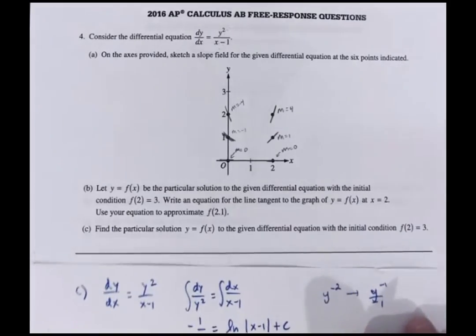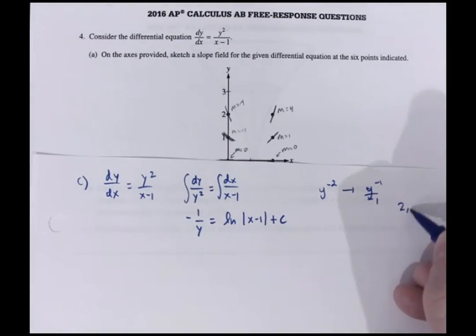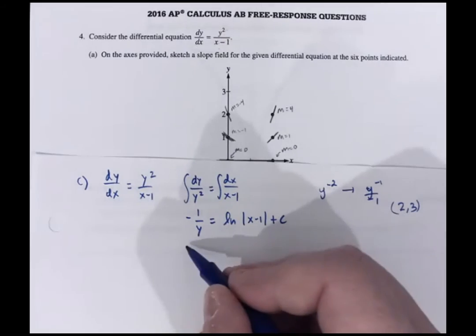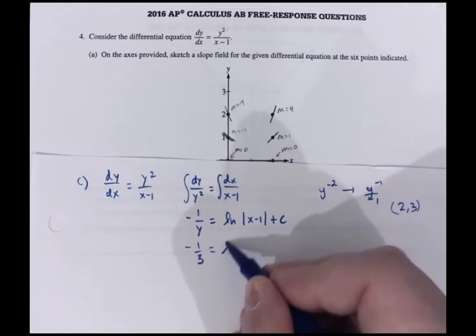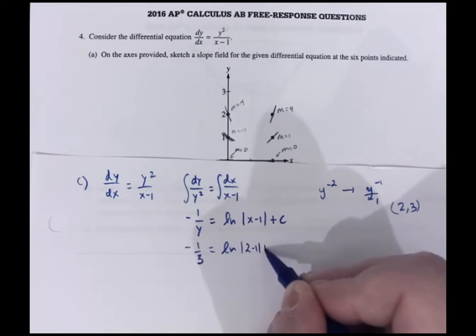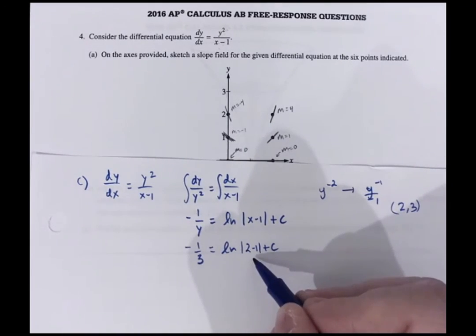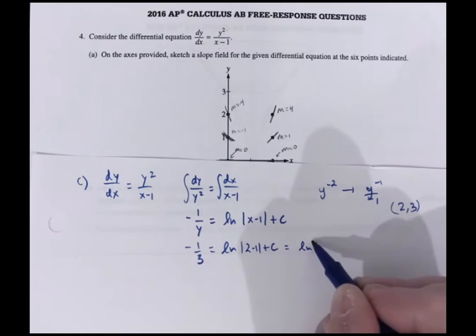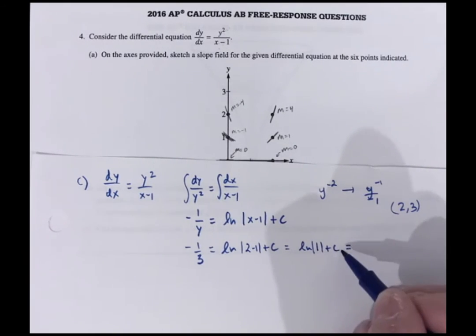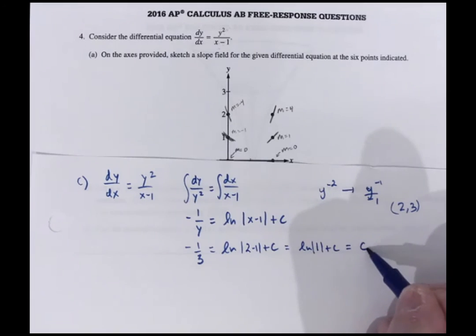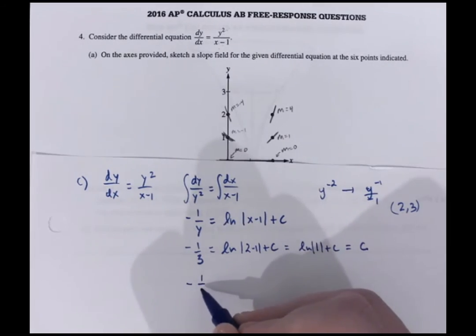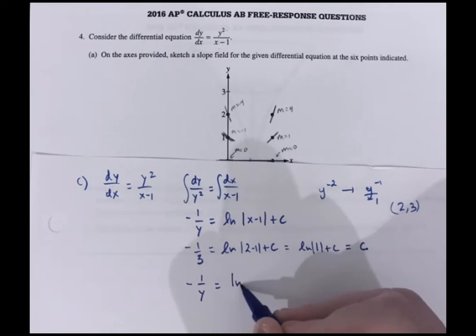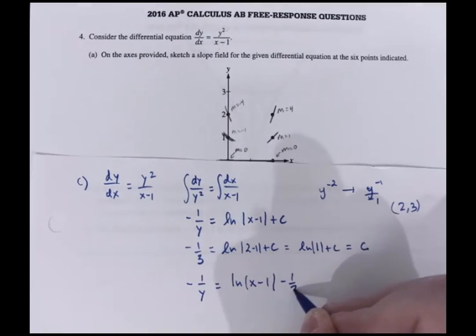Now, using the initial condition of (2, 3), that means that negative 1/3 would be equal to ln of 2 minus 1 plus c. ln of 2 minus 1 is ln of 1 plus c, and of course the logarithm of 1 is 0, so this just becomes c. So c is equal to negative 1/3. So now we're figuring out that negative 1 over y must be equal to ln of x minus 1 minus 1/3.